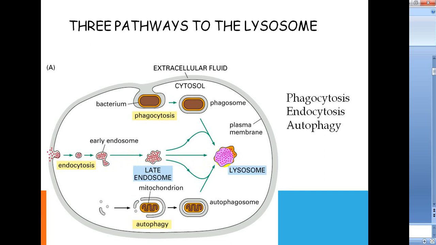Similarly, in phagocytosis, bacteria can get entrapped inside the phagosome and ultimately reach the lysosome. Similarly, fragmented organelles can be entrapped inside an autophagosome and ultimately move to the lysosome. So these are the three pathways by which things come to the lysosome, where they are fragmented or digested.